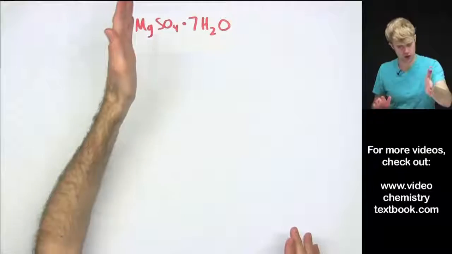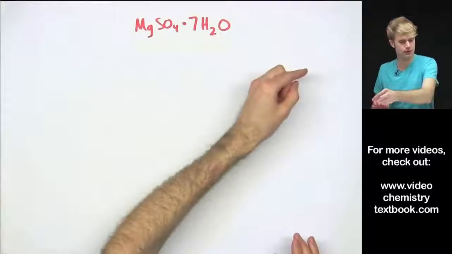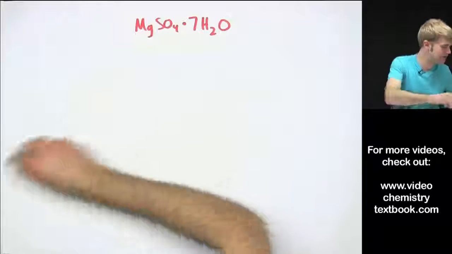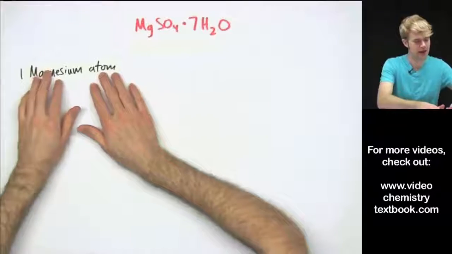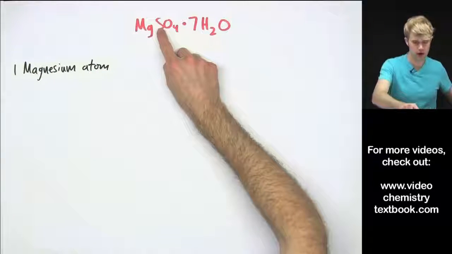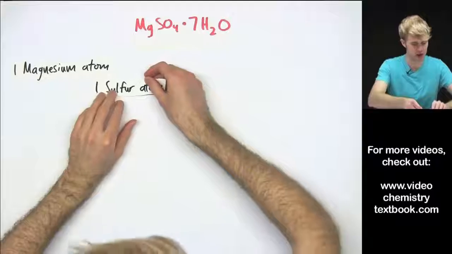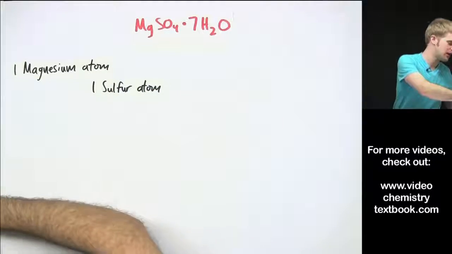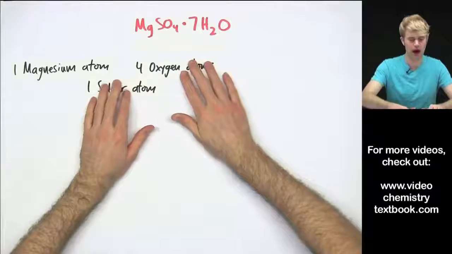So let's see how we're going to calculate the molar mass of this whole hydrate. Okay, we're just going to read through the formula like we have before, figuring out how many atoms of each type we have. So we've got an Mg with nothing after it, and that means that we have 1 magnesium atom. We got an S without anything after it, meaning that we got one sulfur atom, and then we got an O with a 4 after it, meaning that we have 4 oxygen atoms.